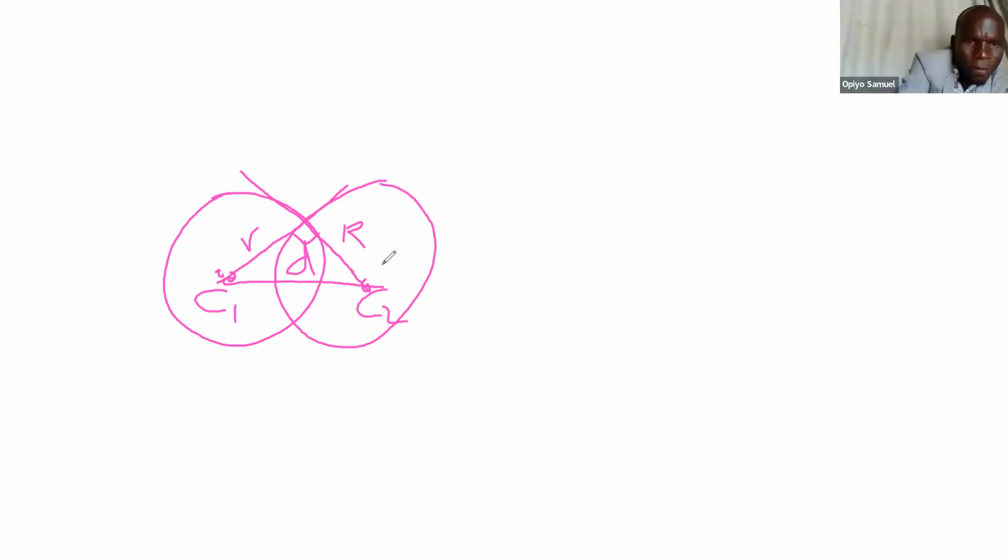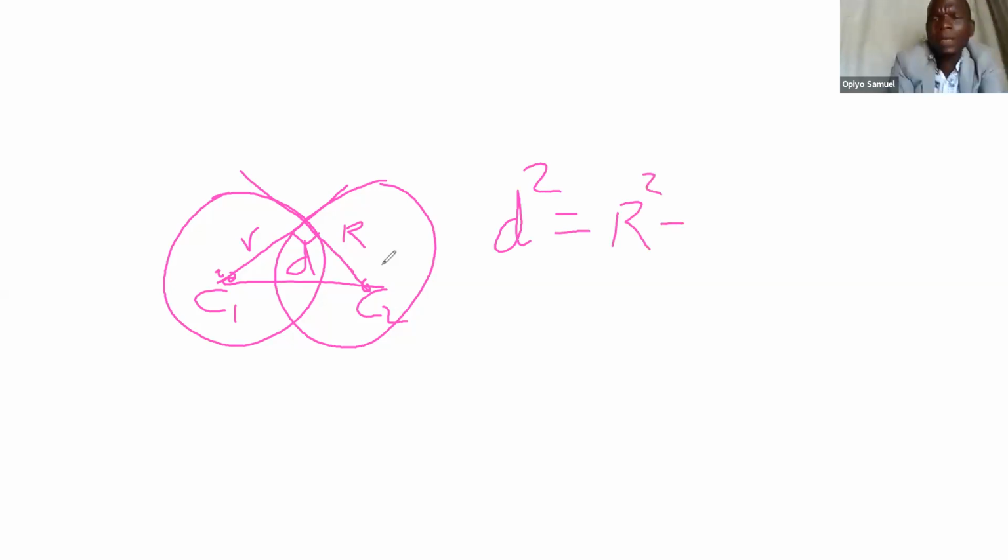If the two meet at right angles, then D becomes the hypotenuse. So the hypotenuse squared equals the radius squared plus the other radius squared. This is the relationship between the radii and the distance from one center to the other. But remember, for them to be orthogonal, this angle must be 90 degrees.